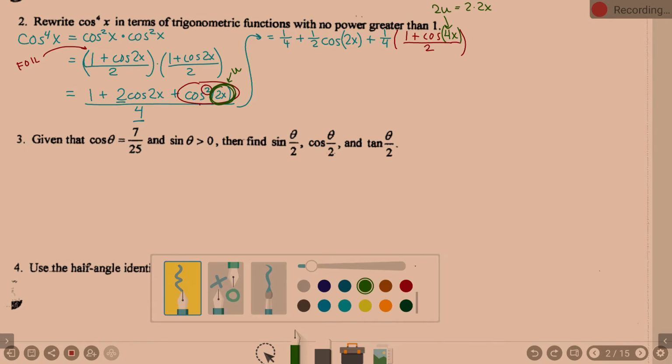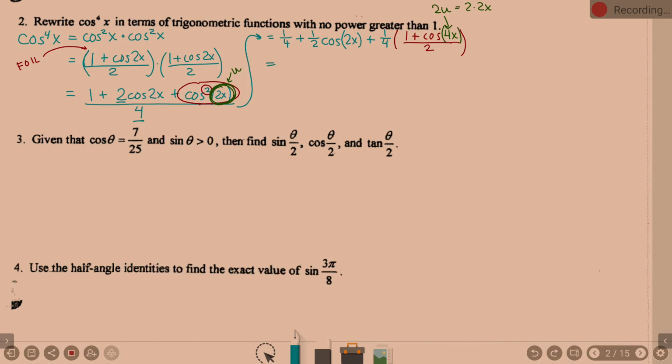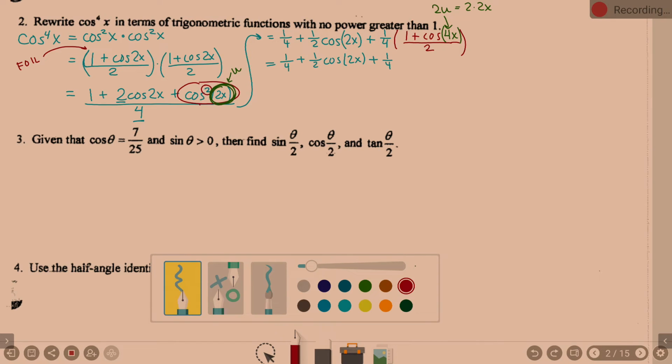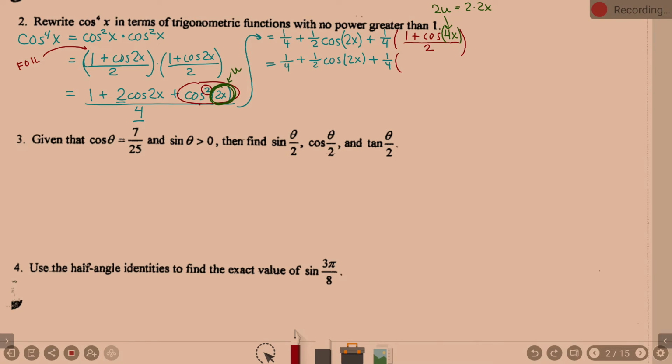So, sticking with 1/4 out front, yes? Still sticking with 1/2 cosine of 2x, yes? Now, I think I'll take 2 steps to do this. We still have a 1/4 out front. That 1/4 is eventually going to distribute, but I'm going to take an extra step. In the red, break this into 2 pieces. The first part is going to be 1/2, plus, how am I going to write the next part?